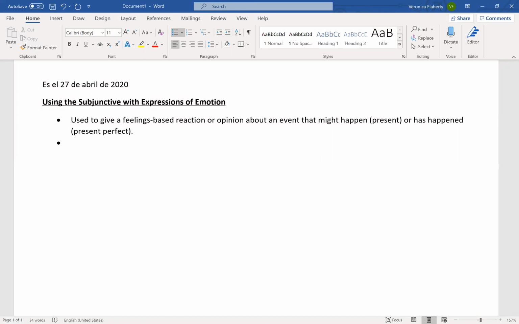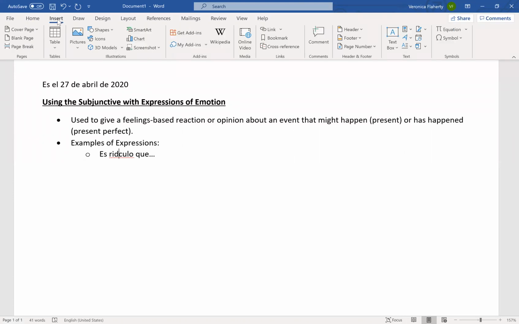All right. So, examples of expressions. Some of these we've already seen and some of them are new. Okay. So we have es ridículo que. What would that look like? Es ridículo que. So the meaning of it, is it ridiculous that? Yeah, exactly. It's ridiculous that.